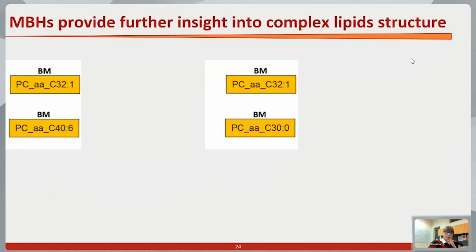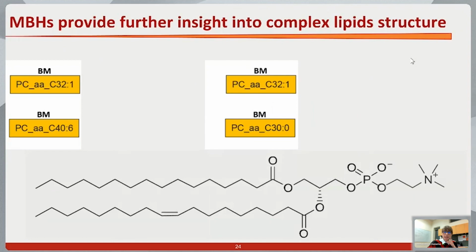We also implemented mutual best hits to look for further complex lipid structure. The example here is showing the phosphatidylcholines, which consist of two different fatty acid chains, and some of the measurements are providing the total fatty acid chains as a measure, which is not necessarily very specific, and the actual composition should be revealed.